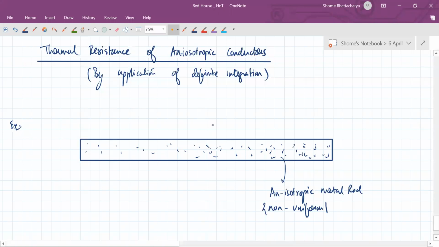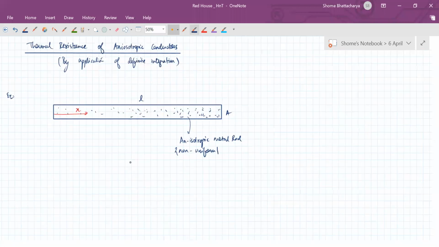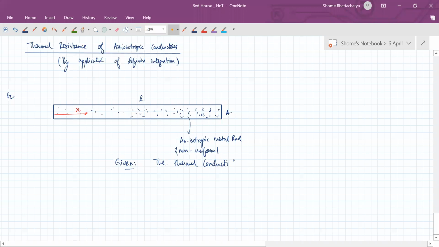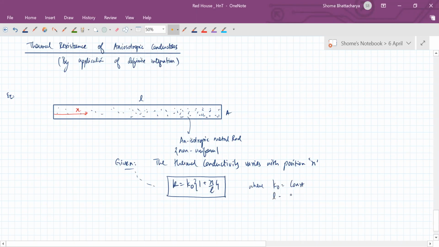And it has length L and area of cross section A. But also it is given to us that inside the metal, the thermal conductivity varies with position x such that K is equal to K naught times 1 plus x by L. So this is given in the question, okay, that the material we have designed is such that as you go from the left end of the rod to the right end of the rod, the thermal conductivity varies from K naught to 2 K naught, where K naught is a constant and L is the length of the rod.